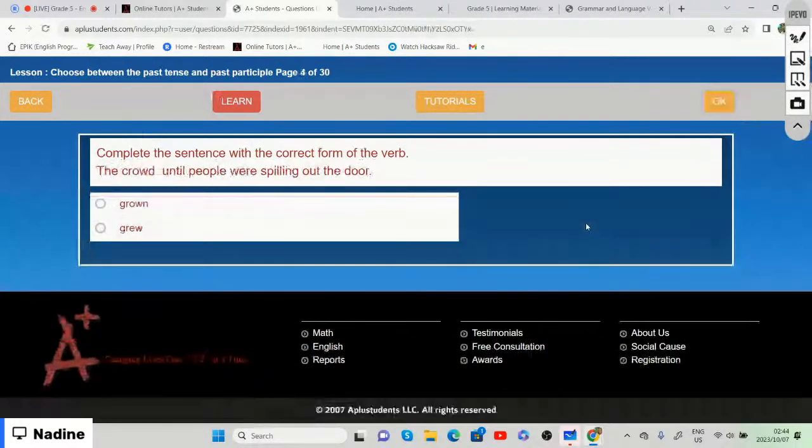And next: the crowd groaned until people were spilling out of the door, or the crowd grew until people were spilling out the door.